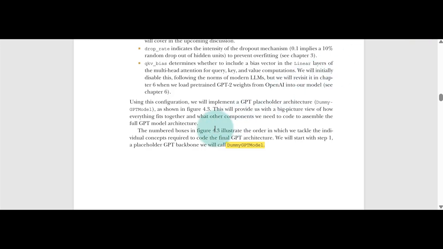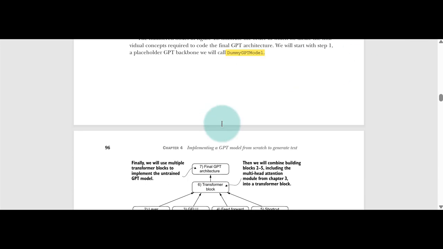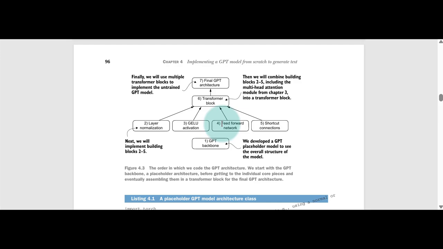So I think he says this is in figure 4.3, and this is not figure 4.3, but he's saying here we developed the GPT placeholder model to see the overall structure of the model, and next we will be implementing blocks 2, 3, 4, and 5. So we need to do all this to fill in the GPT model, so we can't just leave them blank, even though they're listed in here, because that's not going to do any good.